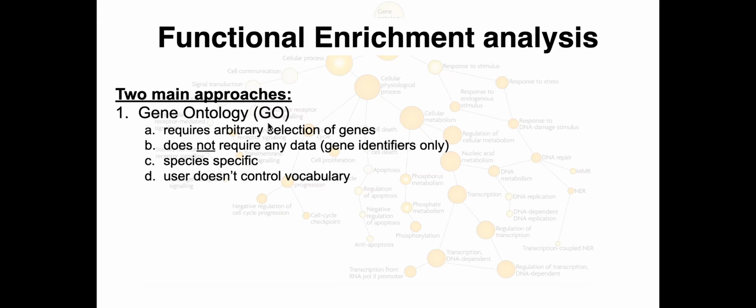It's species specific, so gene ontology terms are used to annotate genes in a way that's species specific. And the user, you, don't control that vocabulary. So the genes in this part of the network here, in this background picture, are annotated with the term cellular metabolism, and these are annotated with apoptosis.